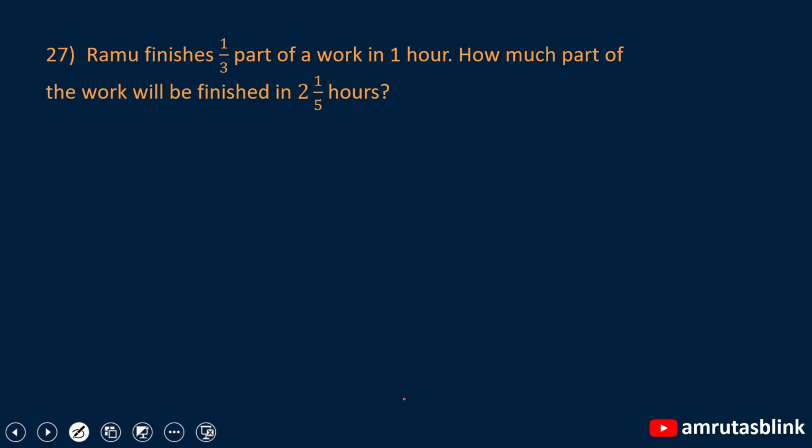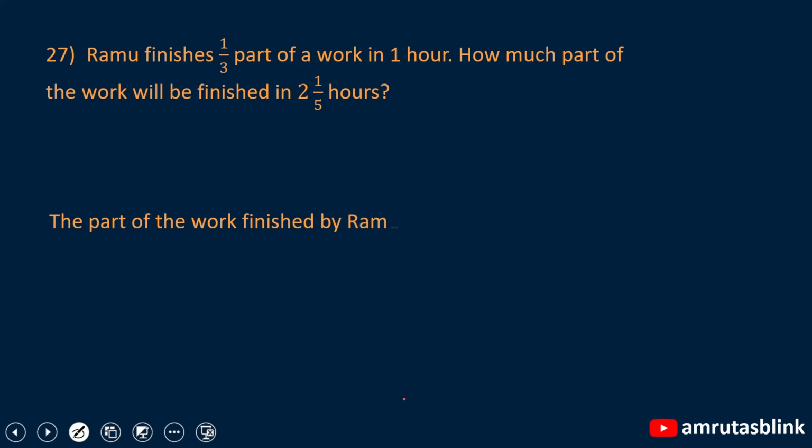We'll move to question number 27. Ramu finishes 1/3 part of the work in 1 hour. How much part of the work will be finished in 1/5 hours? How much work is he finishing in 1 hour? Ramu is finishing 1/3 part of the work in 1 hour.